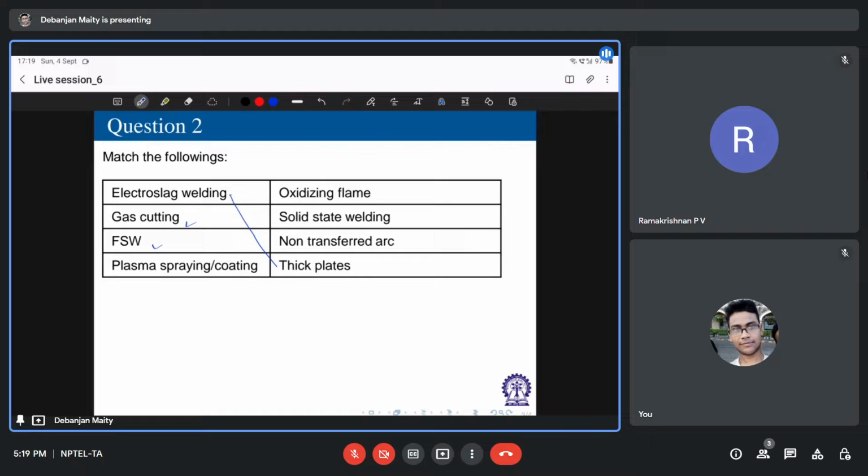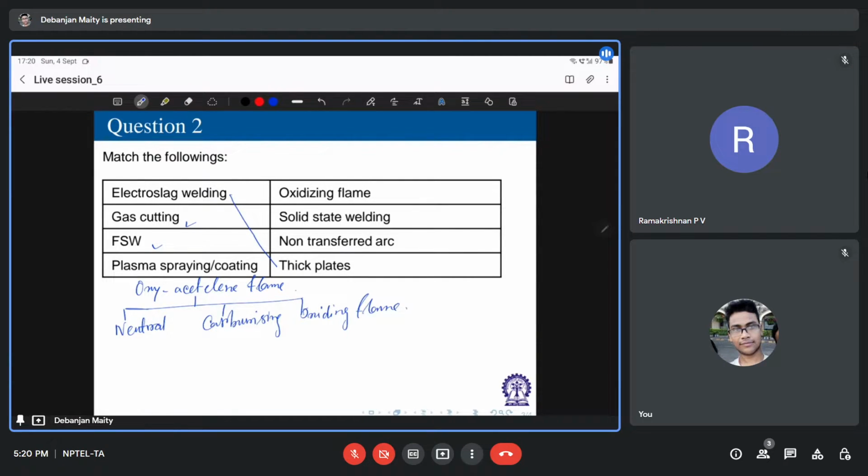Now, if you see gas cutting, as I said, in gas welding you use something called an oxyacetylene flame. In oxyacetylene flame, there will be three different kinds. One is neutral flame, one is carburizing flame, and one is oxidizing flame.